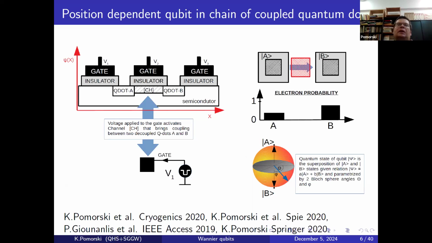So this concept is not that fresh in a way, but it's right now being reborn from the perspective of large-scale applications, and that's a new path in the development of quantum technologies.